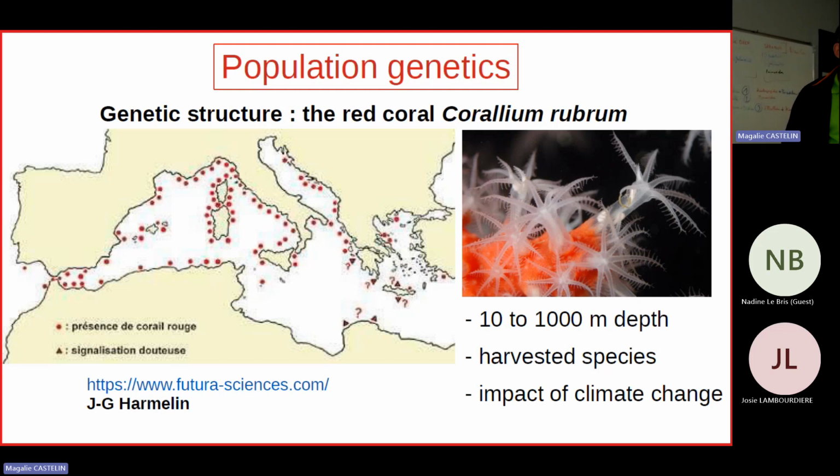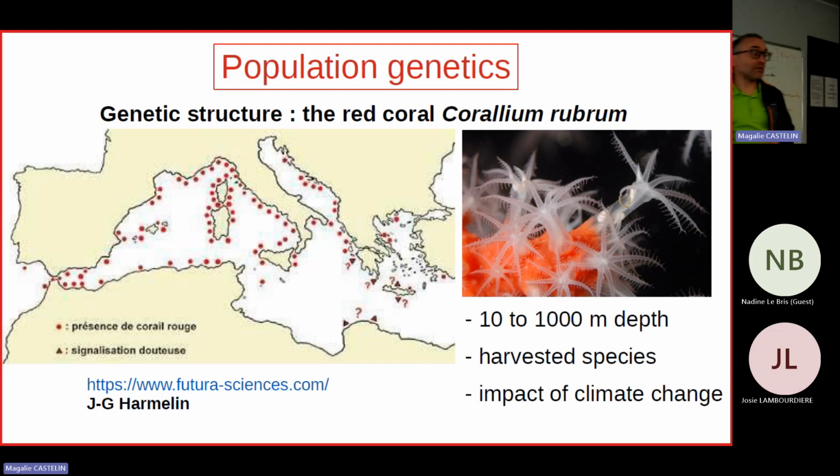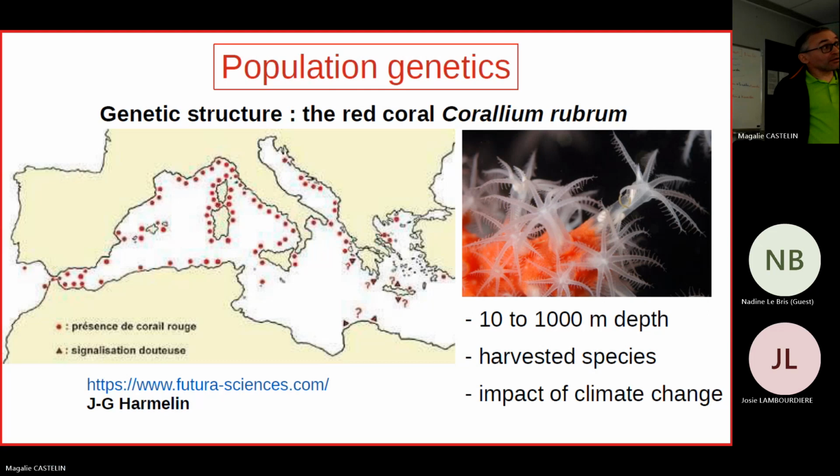It's harvested, so it's the famous red coral which is used to make jewels. And I would say it's over-harvested for the shallowest populations. If you talk with specialists, they do not say it's threatened by extinction, but in the shallowest populations you have very small colonies left.